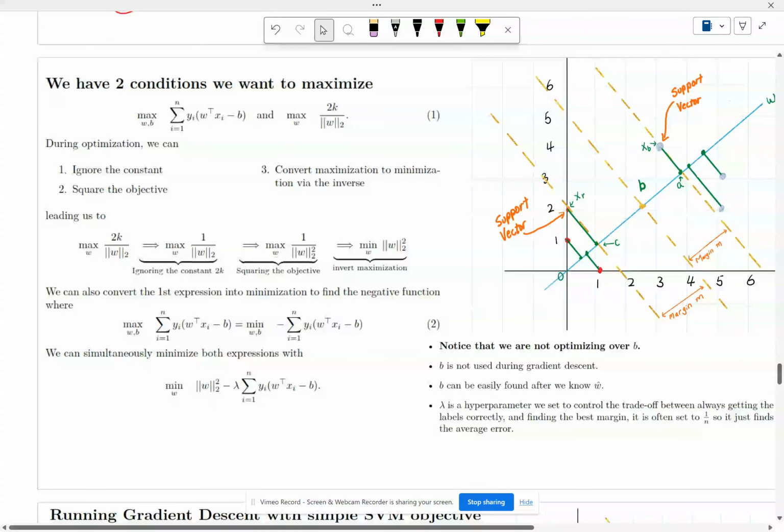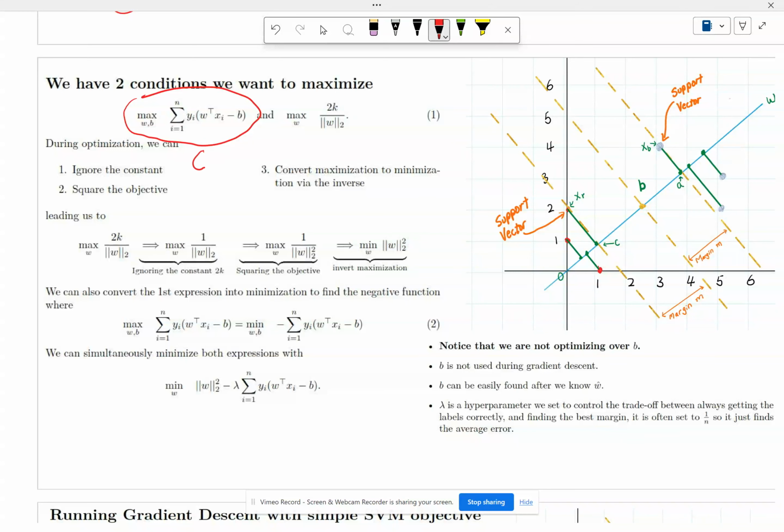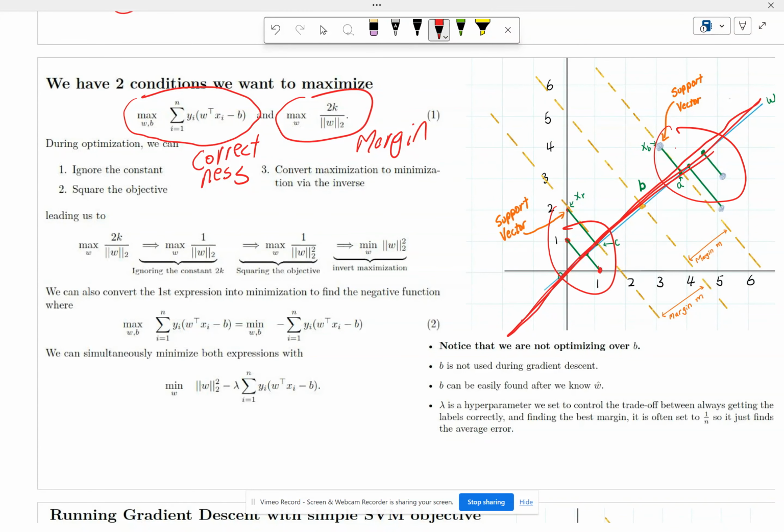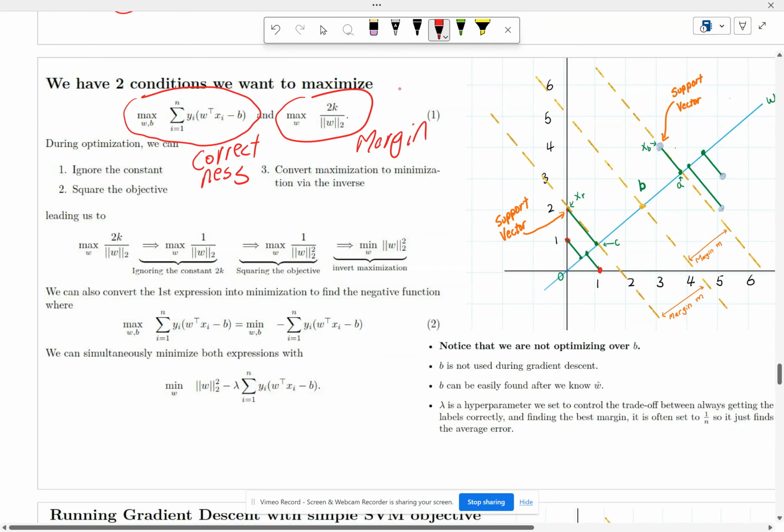Now, we have two conditions we want to maximize. The first condition is the correctness. The second, right here, is the margin. So we want to draw a line such that the labels are correct and the space between them is as large as possible.